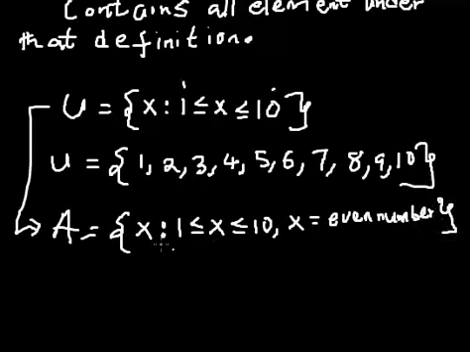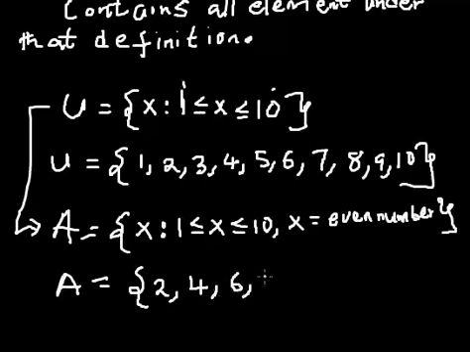So you're looking at a subset A, which is the even numbers within the universal set 1 to 10. You know what even numbers are, right? Numbers that can be divided by 2 without remainder. So A is 2, 4, 6, 8, then 10.